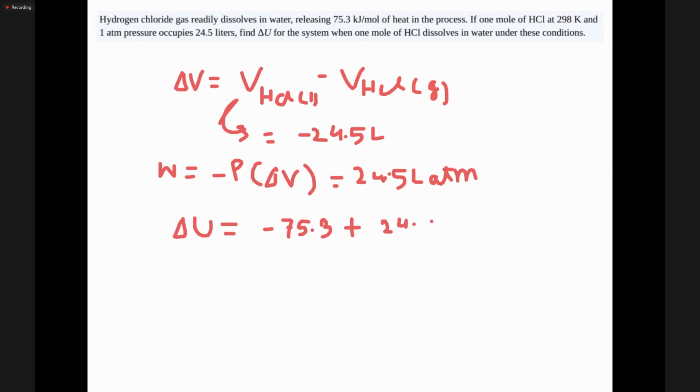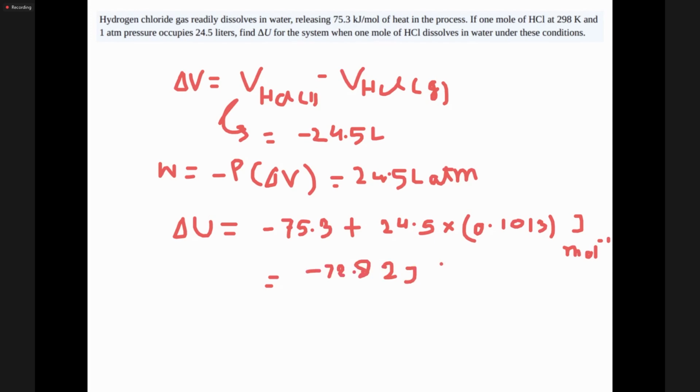And if we use the conversion factor, which is 1 liter atmosphere is equal to 101.3 joule, per mole of the gas, ultimately we will have around minus 72.82 kilojoule per mole. So that is the change in the internal energy of the system.